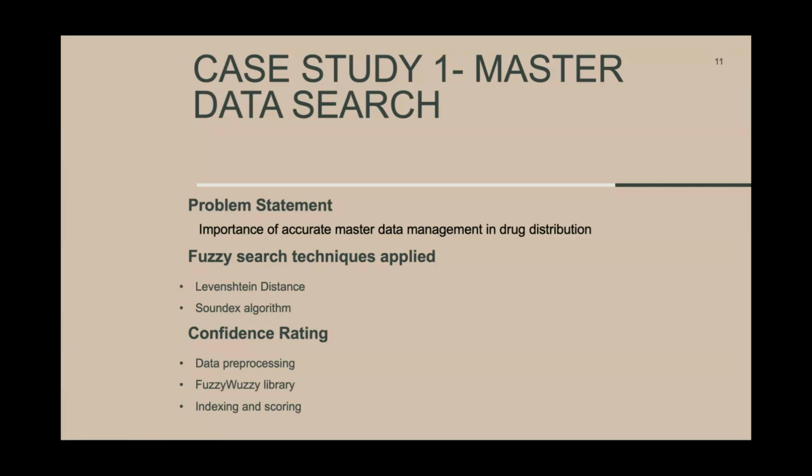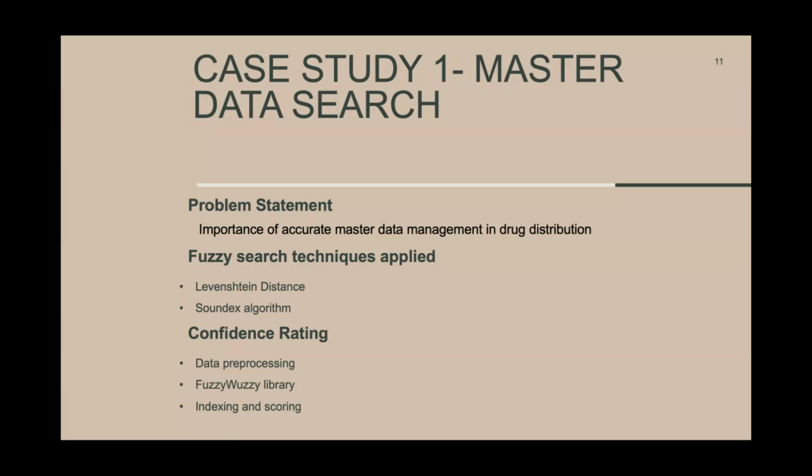However, due to data entry errors, duplicate and inconsistent data, and archiving historical data, accurate master data is quite challenging. And errors and inconsistencies in master data can lead to significant issues such as incorrect order fulfillment, regulatory noncompliance, and operational inefficiency.